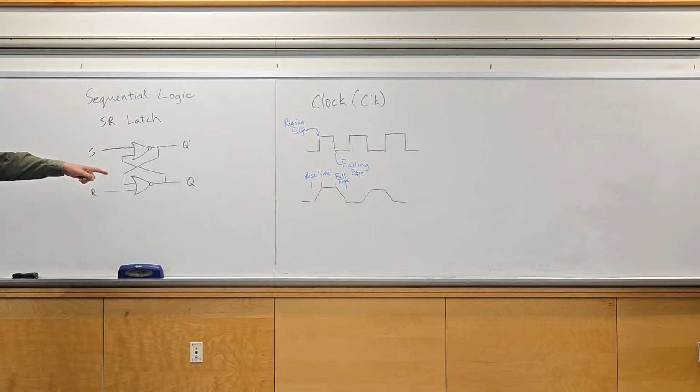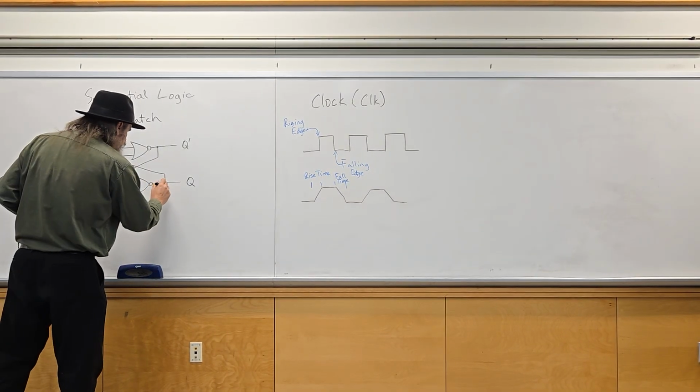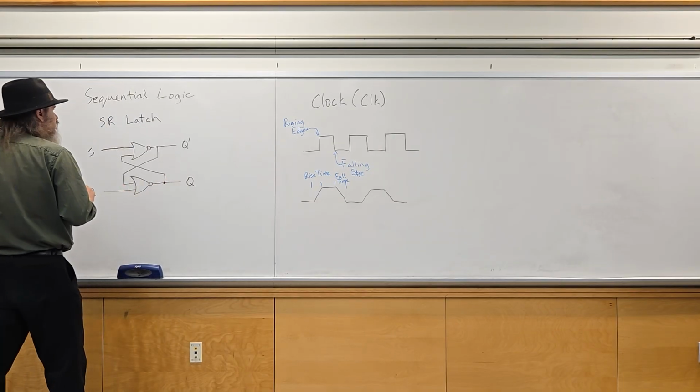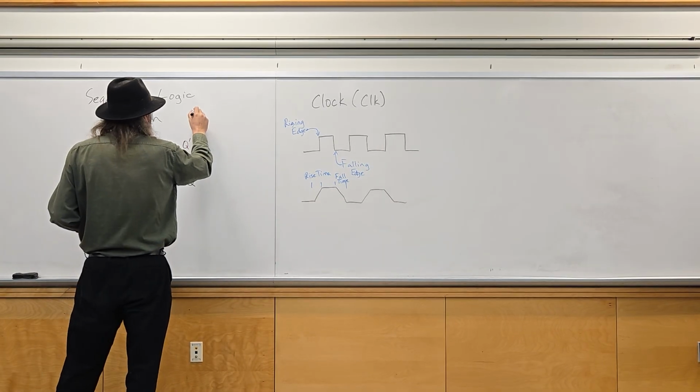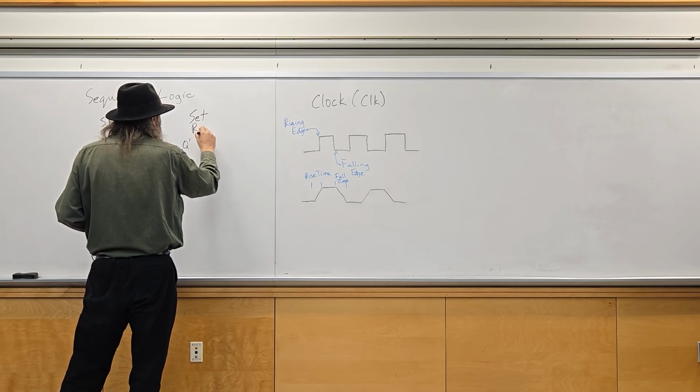Q is on the next level, the opposite level as the S input. It is called the SR latch because the S is for set and the R is for reset.